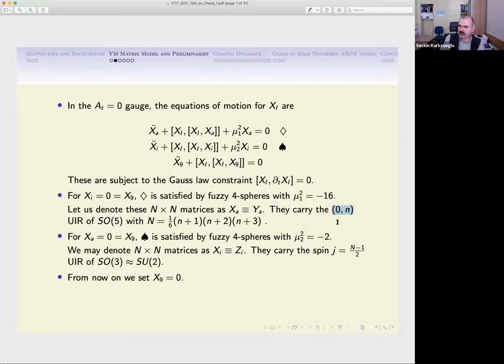And one can in fact devise a Schwinger construction in terms of oscillators, just like the Schwinger construction for the SU(2) generators. And this (0,n) is the symmetric tensor product of these four-dimensional spinor representations of SO(5), if you like.